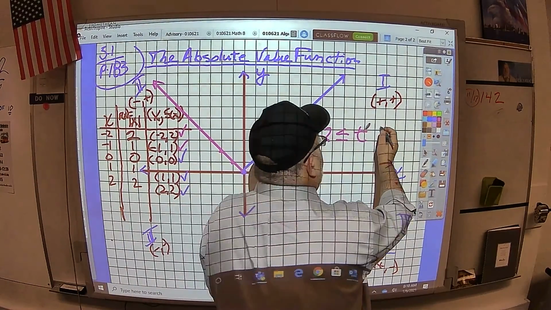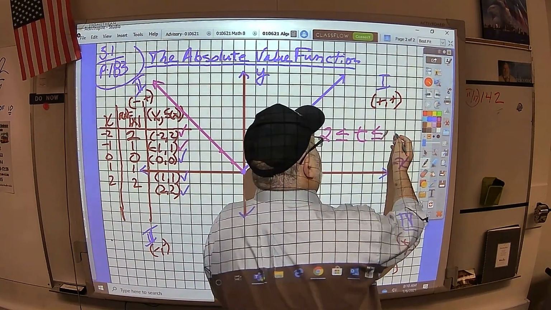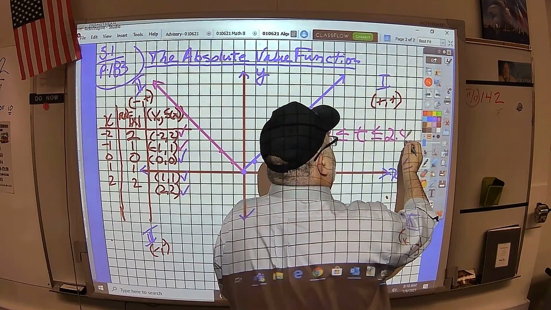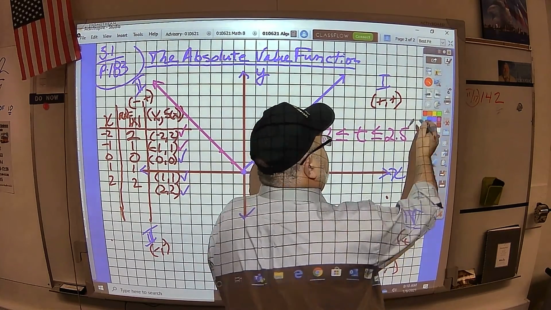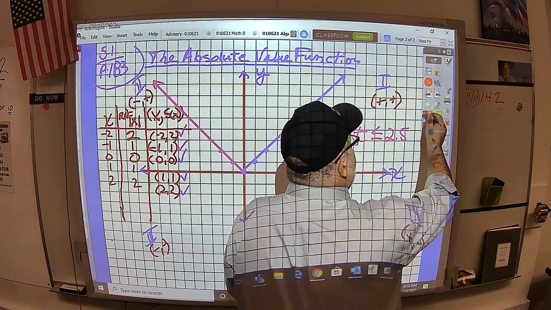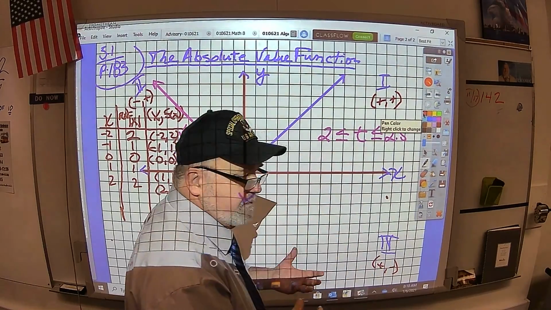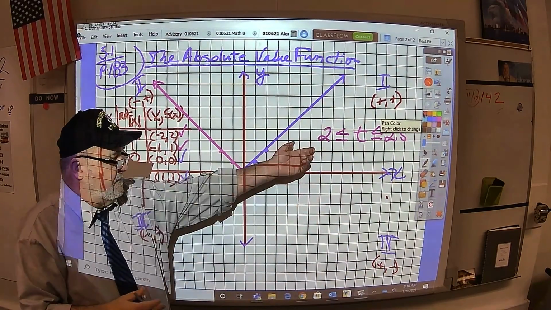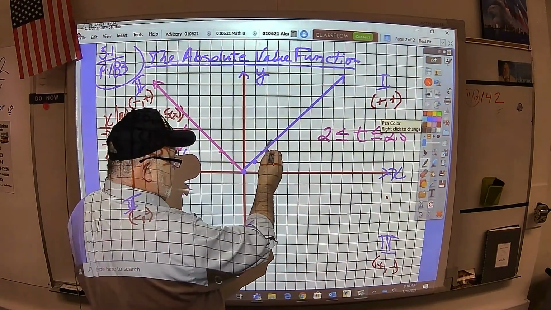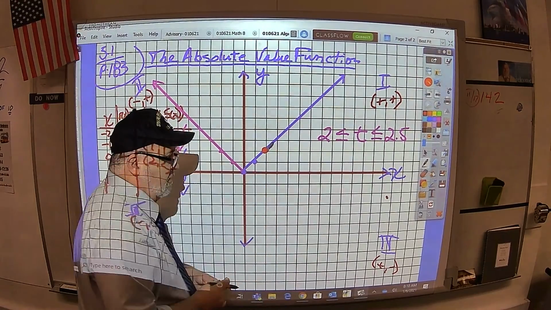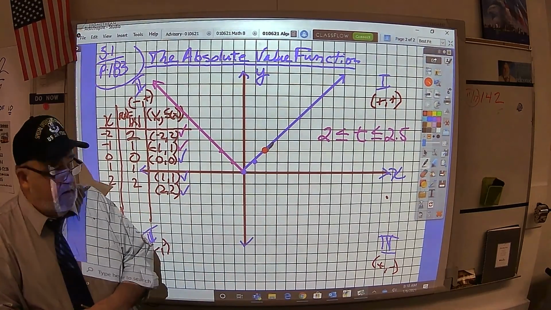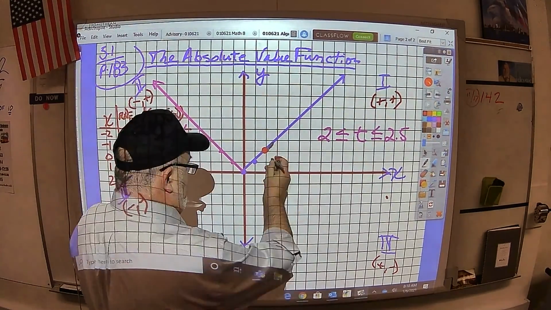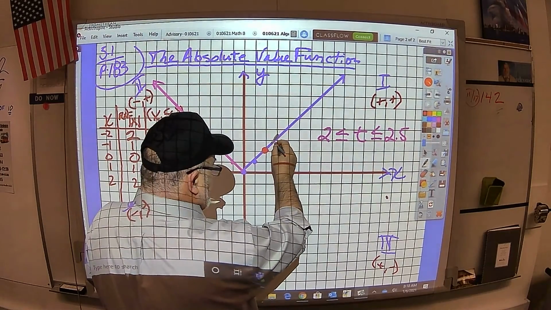And now I want to go to 2.5. Alright? Now, of course, the thing here to recognize is I have to find both of those terms. I have to find 2. Well, here's 2. And 2.5 is roughly right about here.